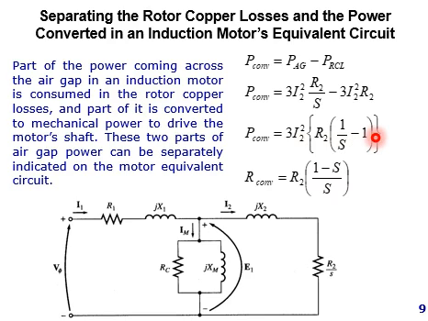This equation can be written as 3 I square into R. If we see that this is R, then R con can be written as R2 (1 minus S) over S.